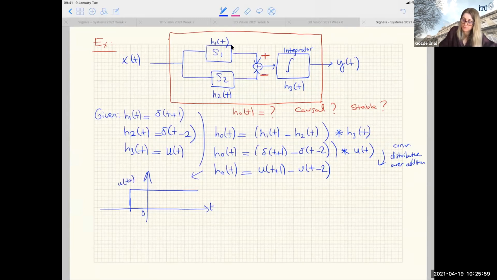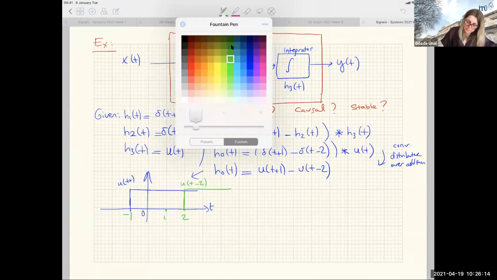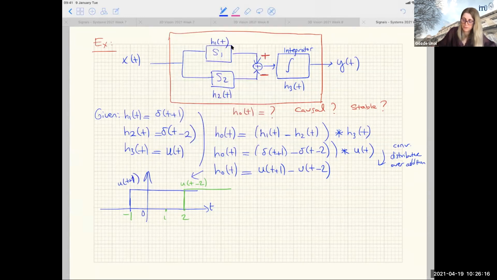Then what is u(t - 2)? Also draw that. This was minus 1, 1, and this would be u(t - 2).